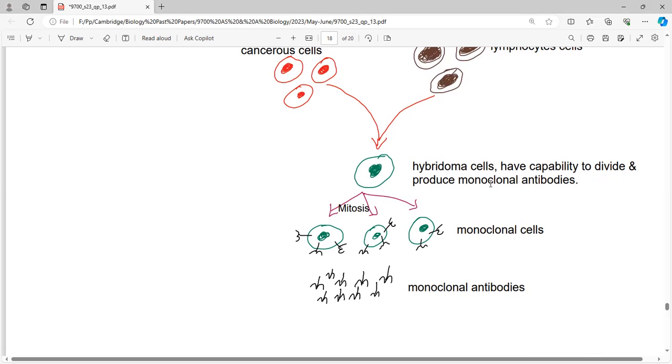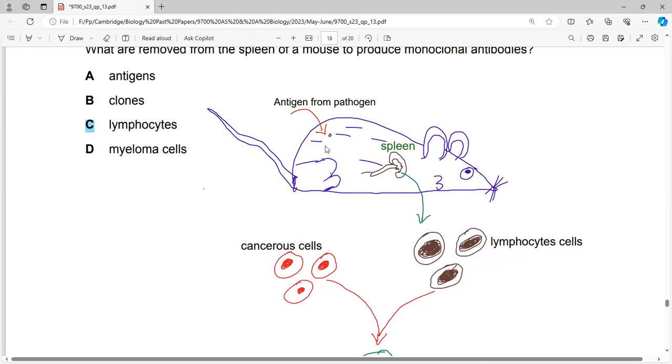Now these hybridoma cells have the capability to divide, and they have the capability to produce monoclonal antibody. So these cells will divide by mitosis and produce many monoclonal antibodies. These monoclonal antibodies have the same chemical nature and are effective against the antigen which we injected into the mouse.